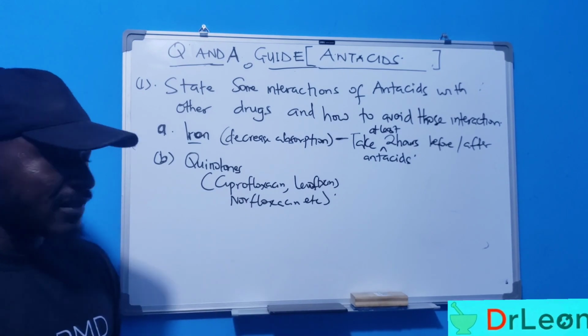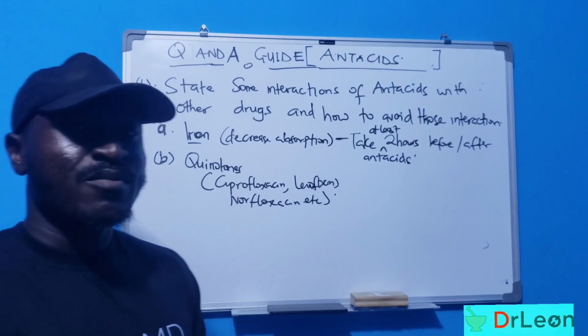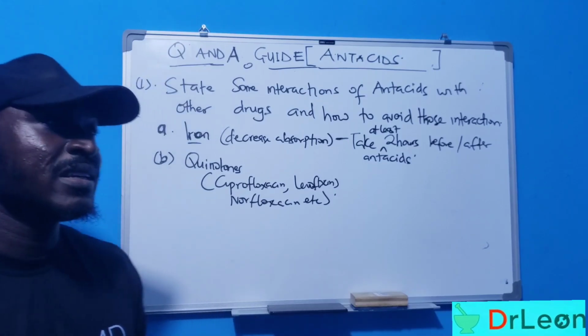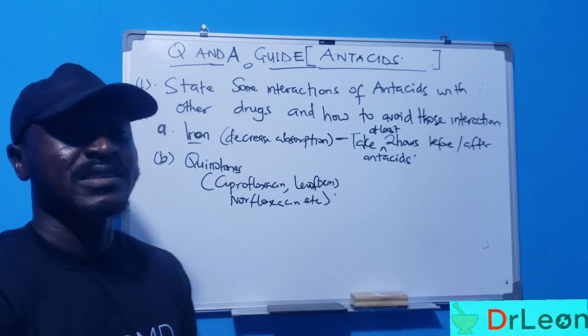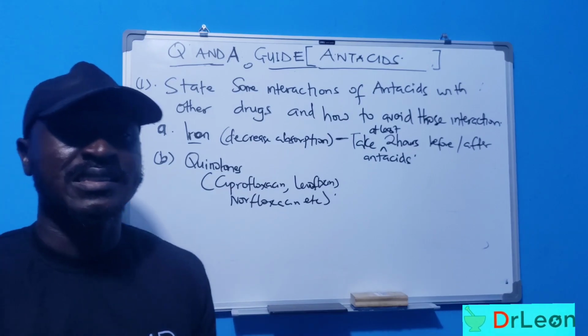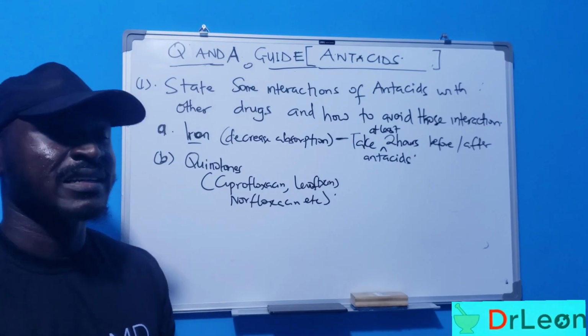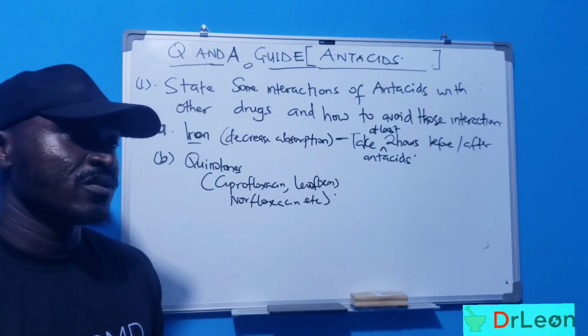So antacids, because they contain multivalent ions, so when you take most of these antacid medications, you find multivalent ions like magnesium, like aluminium, like calcium.